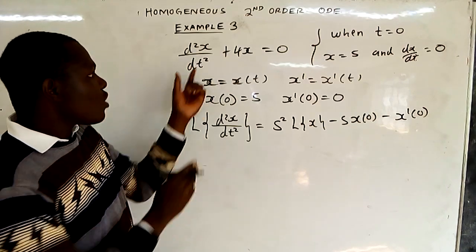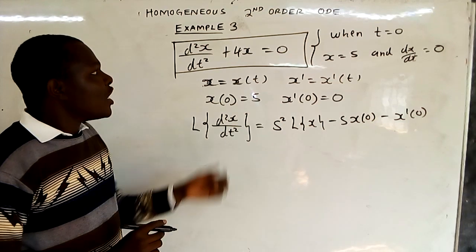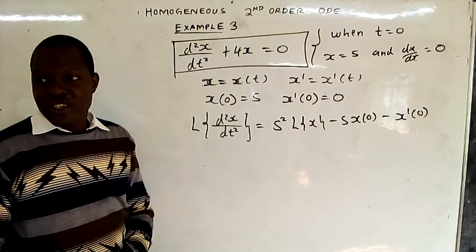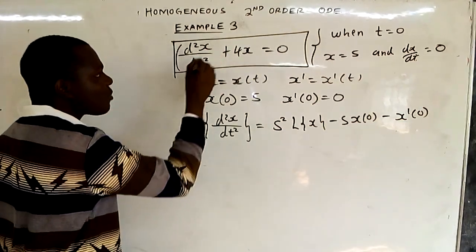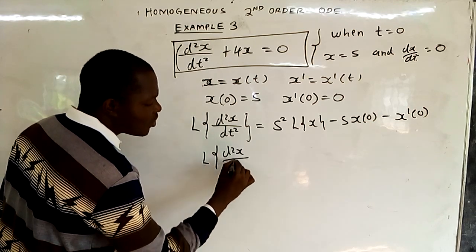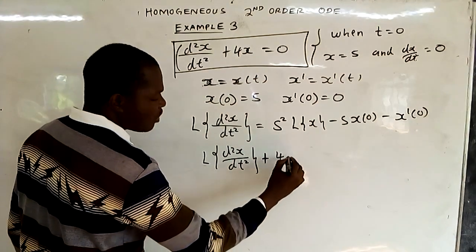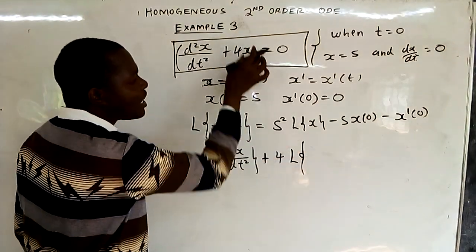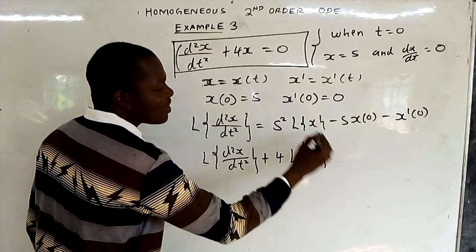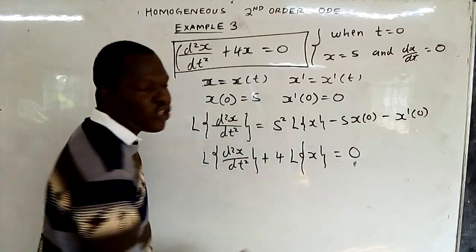After getting that, you now go to your original equation, meaning you introduce Laplace on both sides of the equation. The Laplace of the first term is going to be the Laplace transform of d squared x over dt squared, then plus 4, a constant you factor outside, the Laplace transform of x, equal to the Laplace transform of 0, which is just 0.